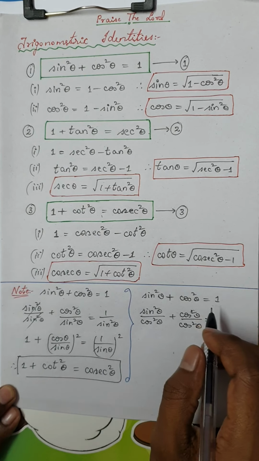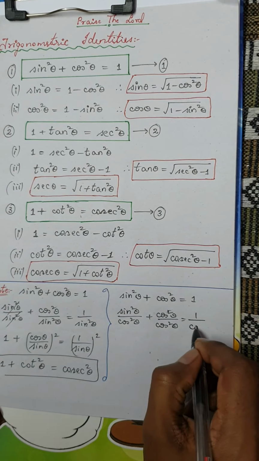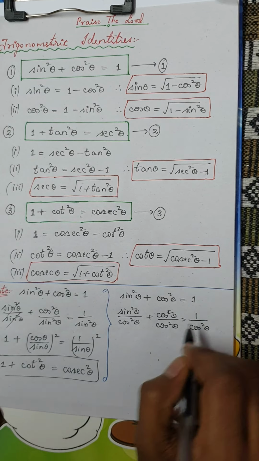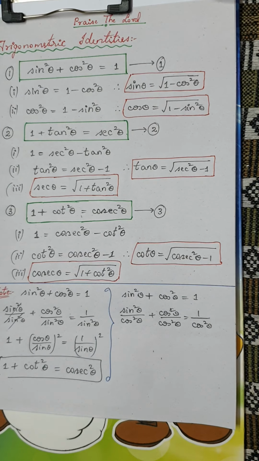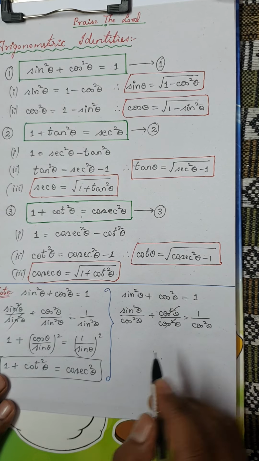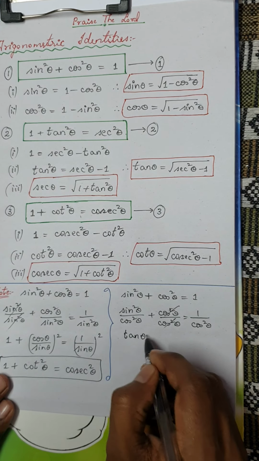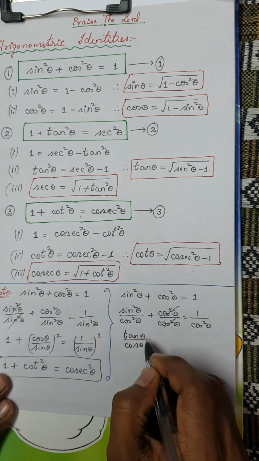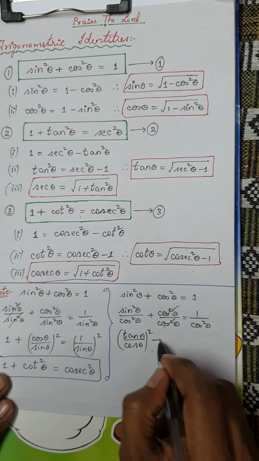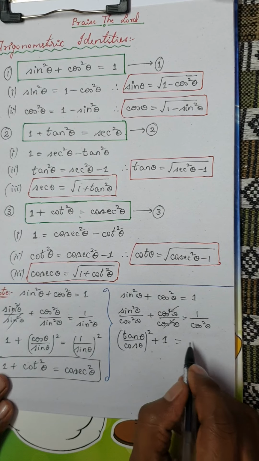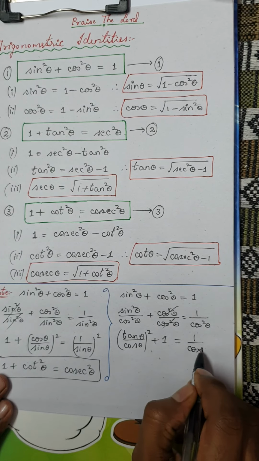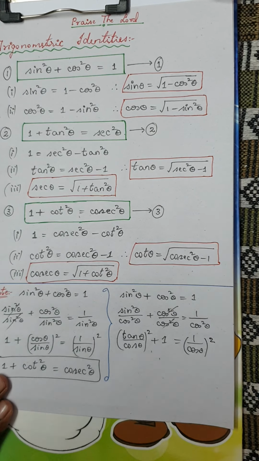This is nothing but 1 divided by cos square theta. Is it clear? Just divided. Here cos square gets cancelled. So this looks like sine by cos. So sine theta by cos theta whole square plus 1 is nothing but 1 by cos theta whole square.